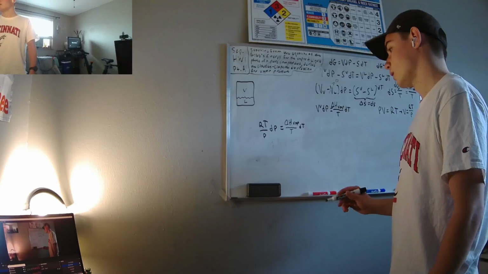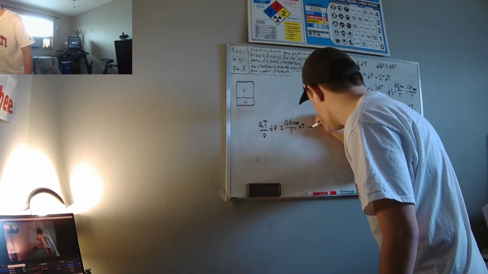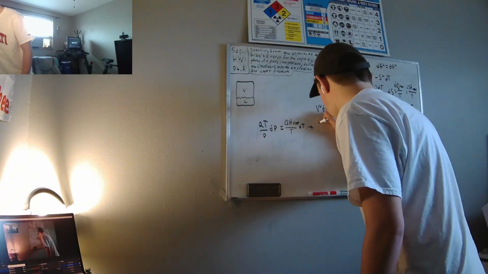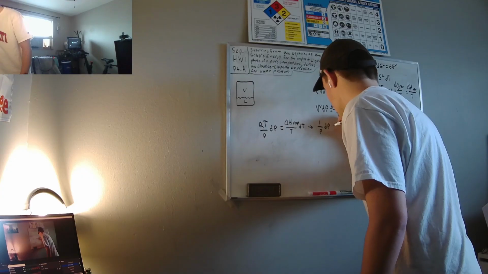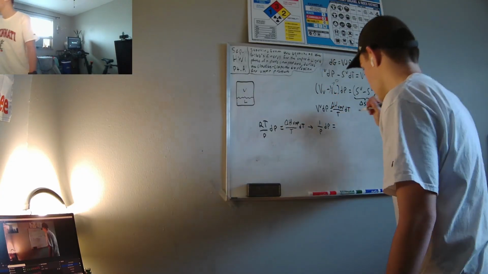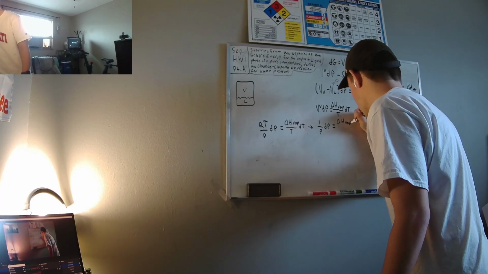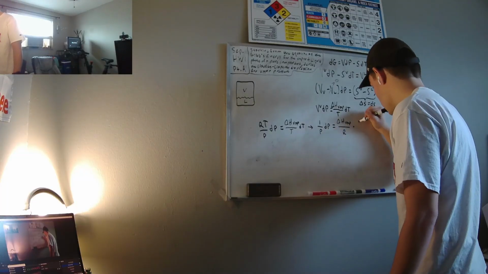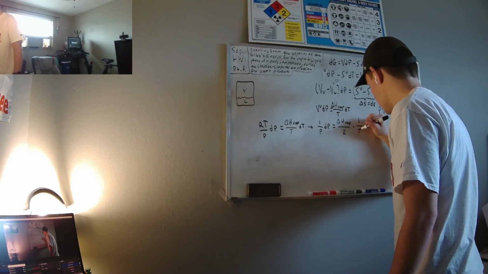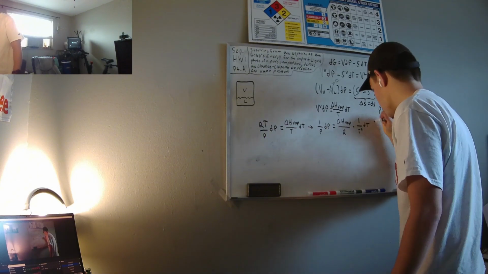Now, we isolate our variables. We can get 1 over P dP equals delta H vap over R times 1 over T squared dT.